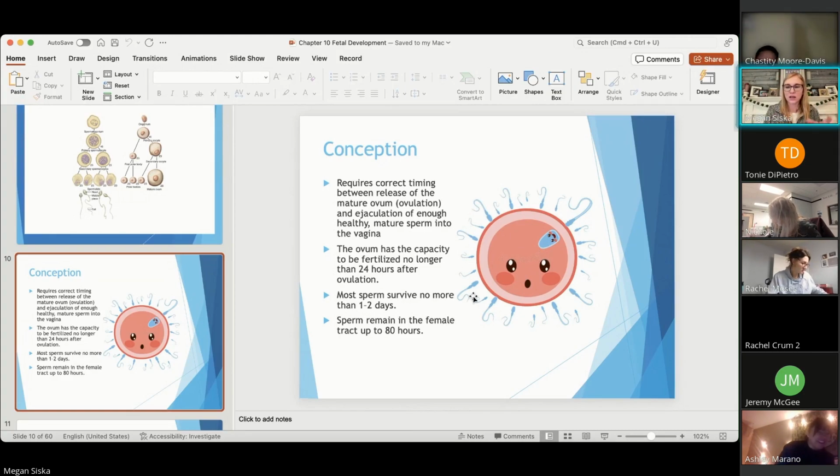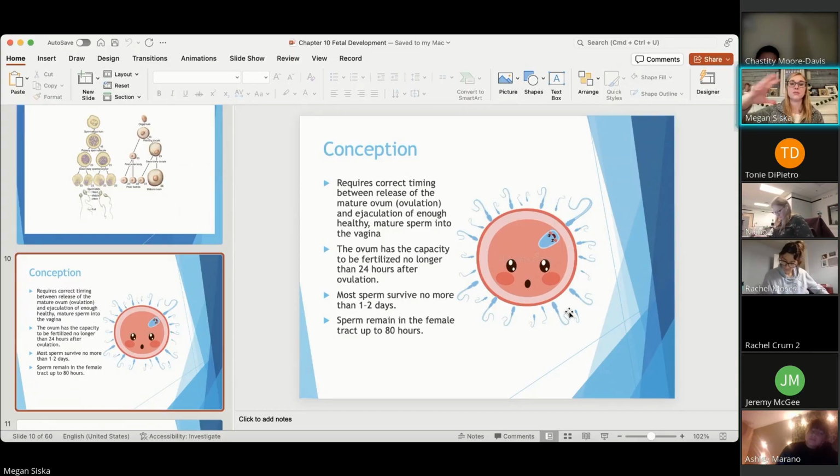There's a lining around an egg, zona P something, that the sperm was able to get through, and then it seals off and prevents any other sperm from entering that egg. Then immediately that process of cellular division starts to happen. It's really crazy. Conception requires the perfect timing of ovulation, the release of that egg, and then ejaculation.